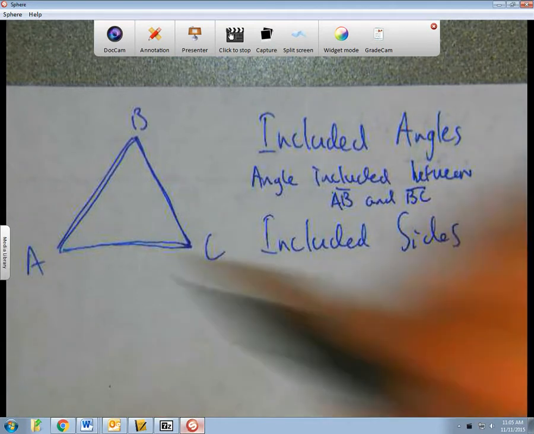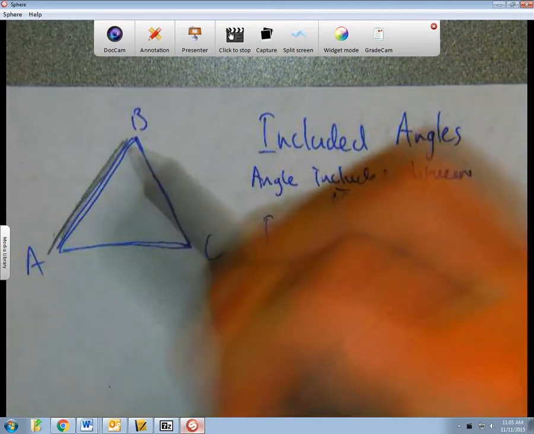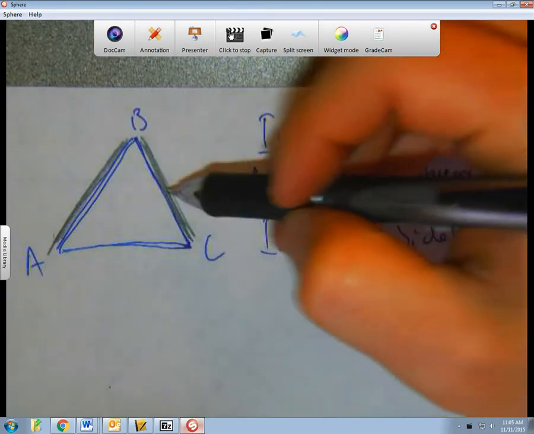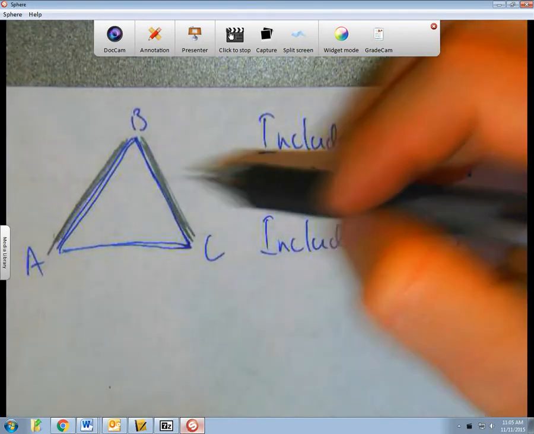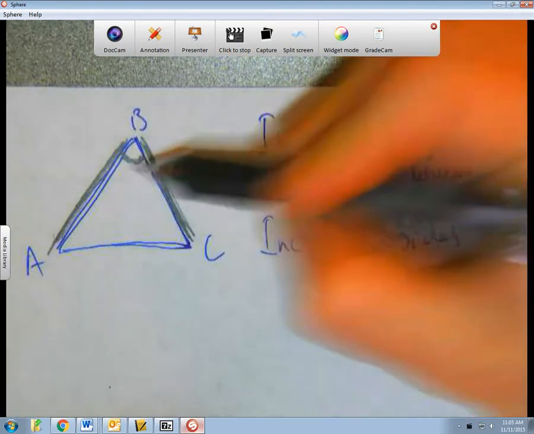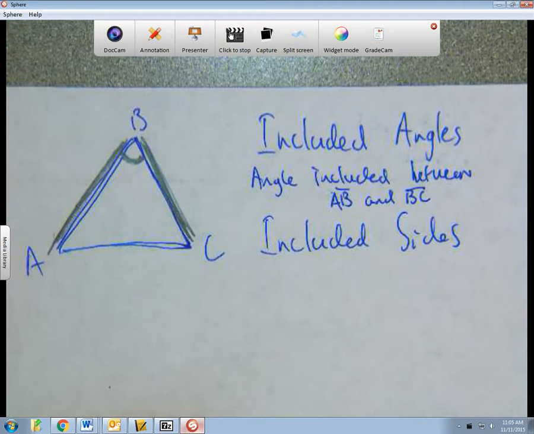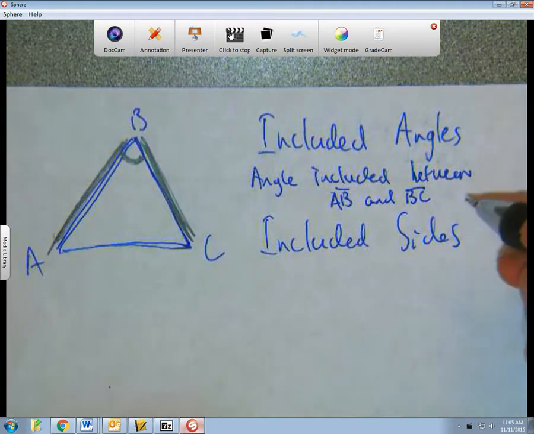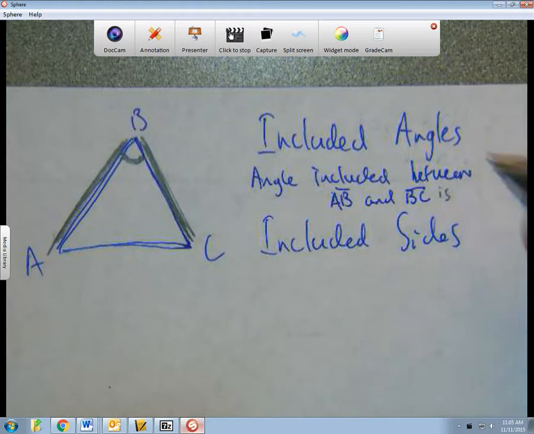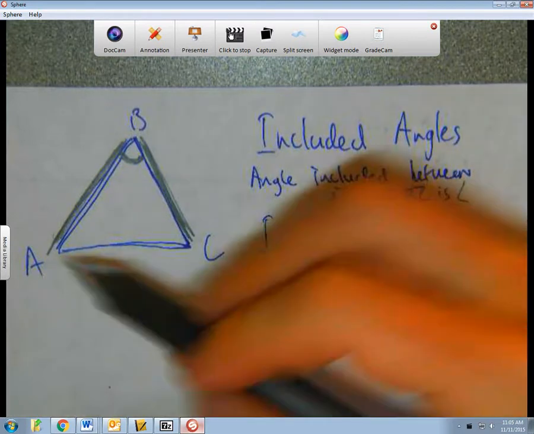So here's AB. Here's BC. The angle that is included in those is angle B. Okay, so I'm going to write that ABC.